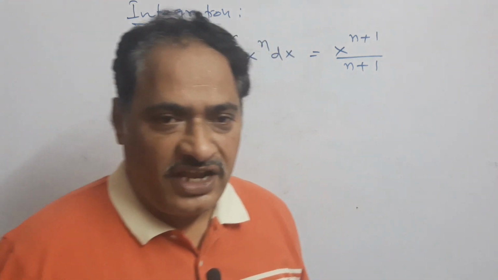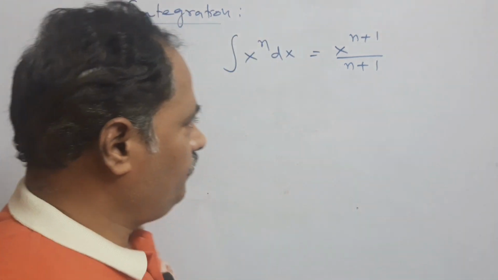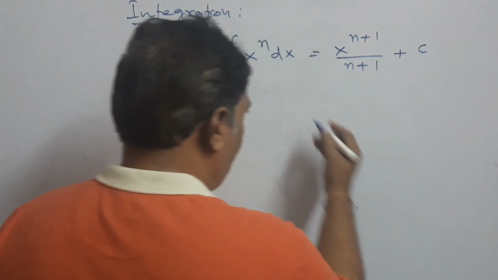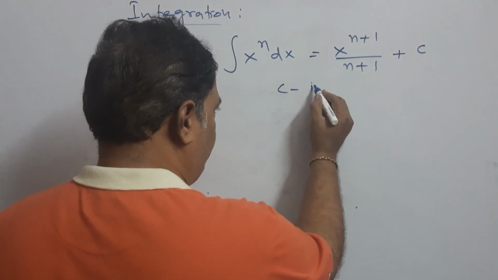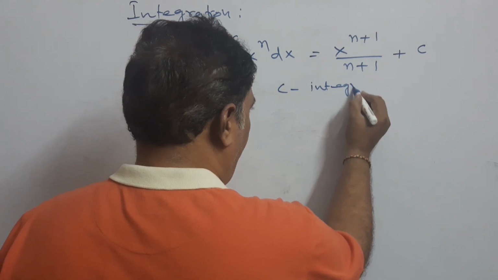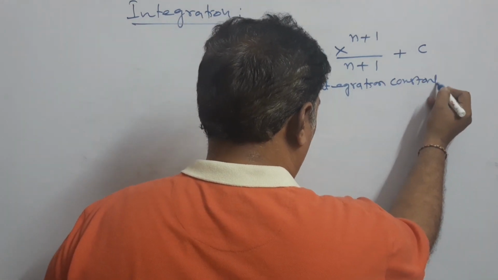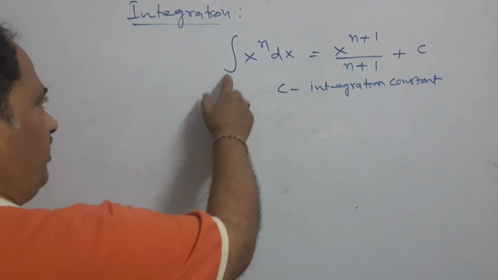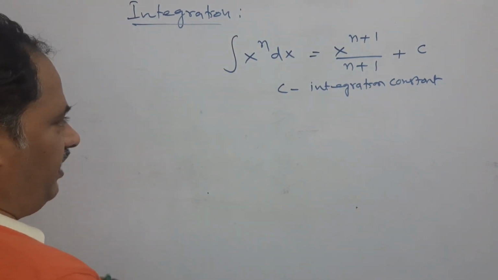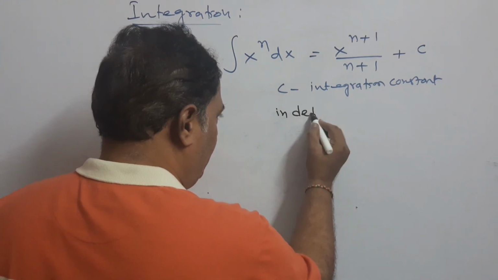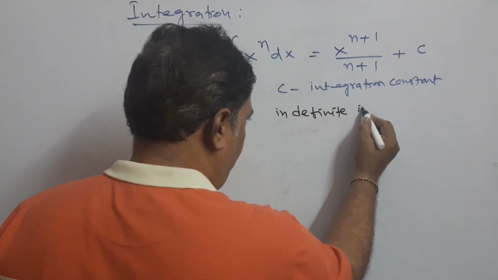In the case of an indefinite integral, you have to write one constant c, where c is known as the integration constant. Remember, this constant is used when there are no limits. Hence this is nothing but an indefinite integral.